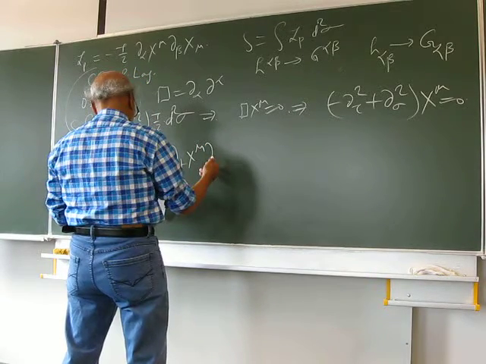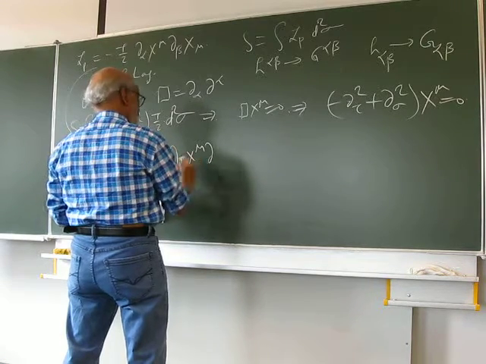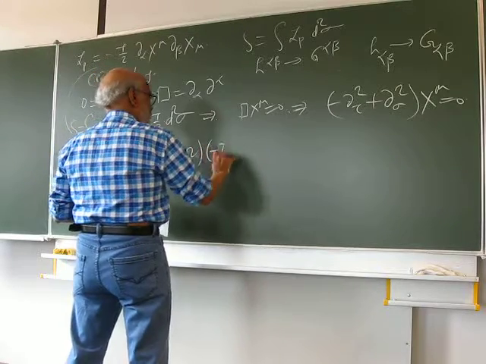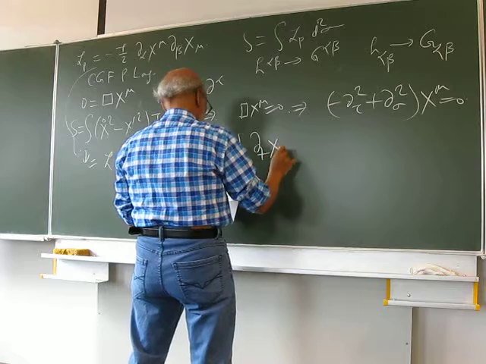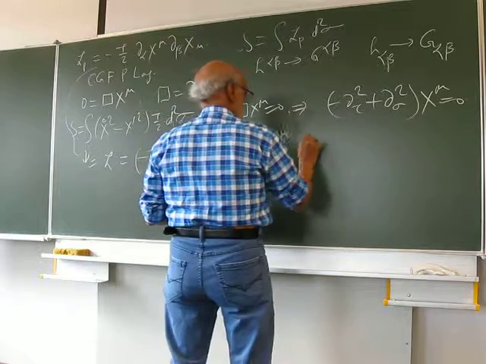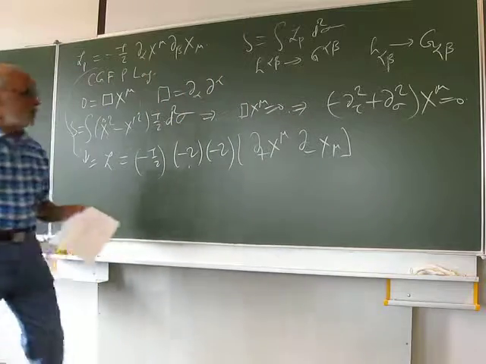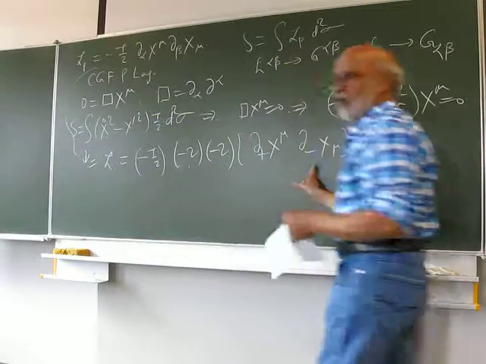Let me just give the last results. So this is minus T by 2 into minus 2 into minus 2 into del plus X mu del minus X mu. Okay, so we can write it down in terms of the light front coordinates.